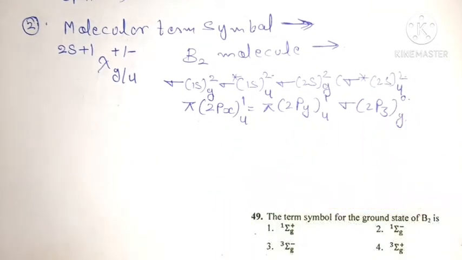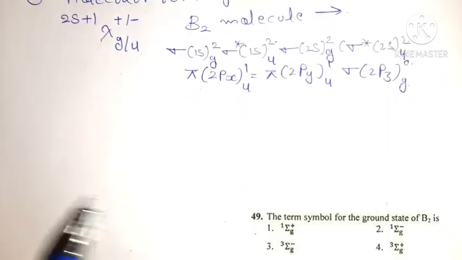These are gerade and ungerade alternately; both π orbitals are ungerade and σ2pz is gerade. This is the electronic configuration of the B2 molecule.